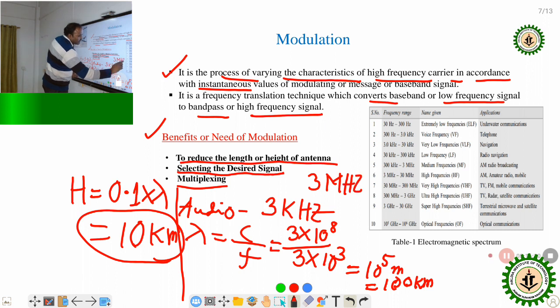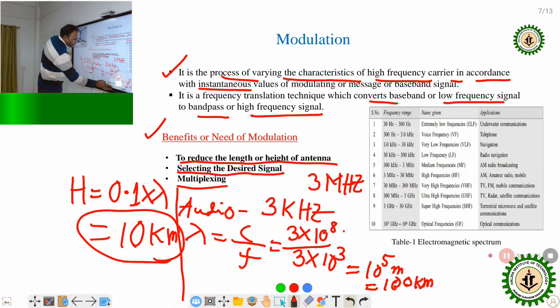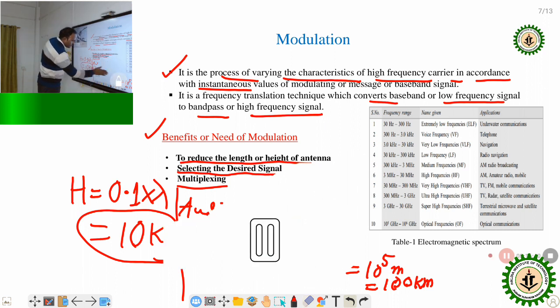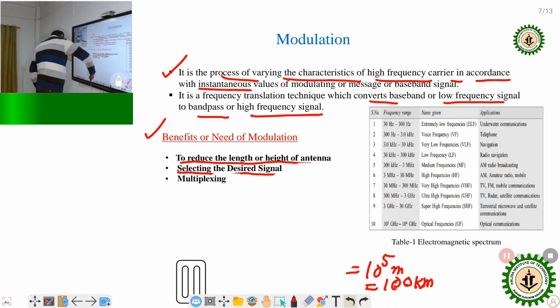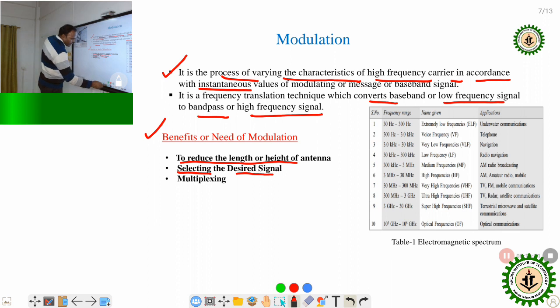Previously what we calculated was the antenna height for transmitting the audio signal, the 3 kilohertz value.